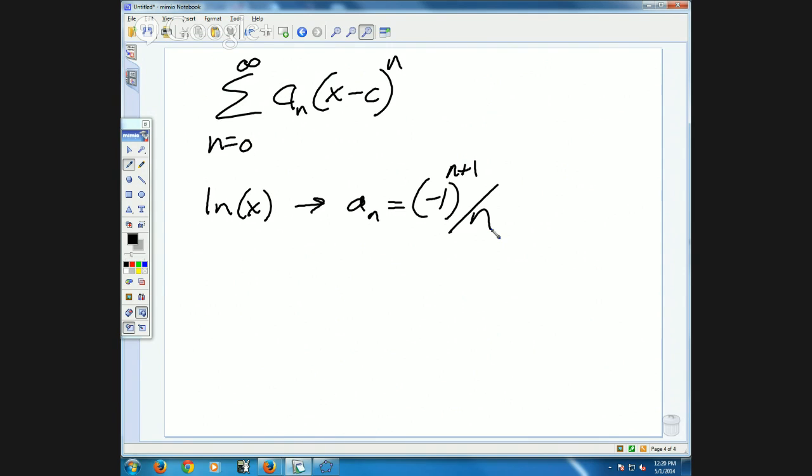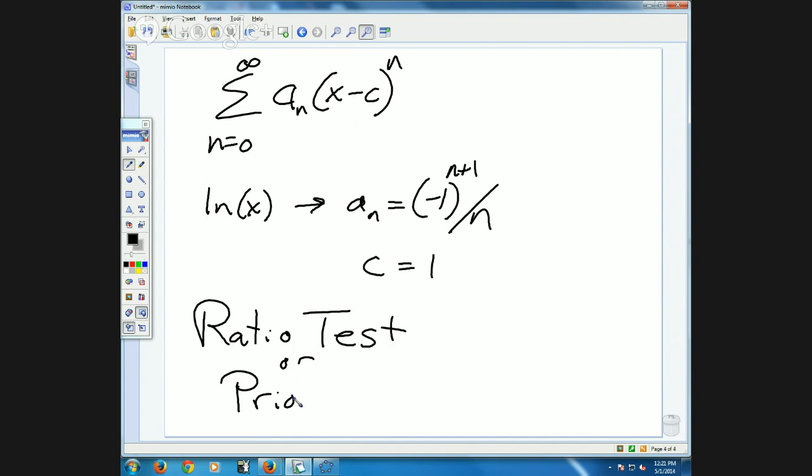This series also had a center of 1. And using the ratio test, or some prior knowledge, we can find the radius of convergence.